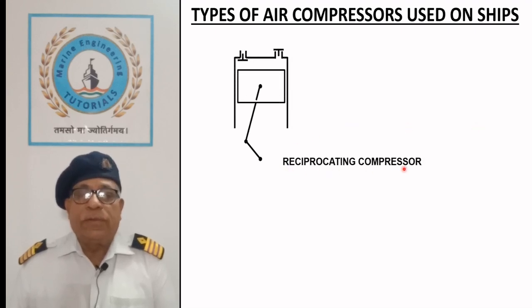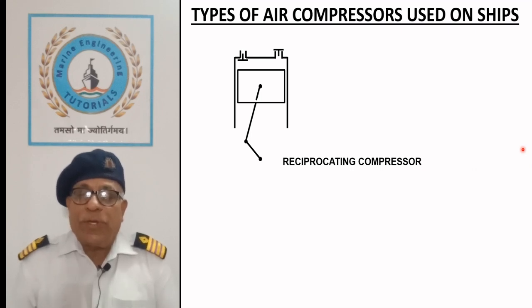Reciprocating compressors. Reciprocating air compressors pump the air into a chamber by movement of the pistons. They use valves to guide the air into and out of the chamber.